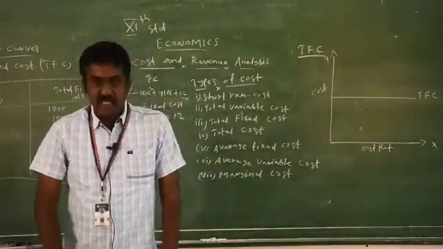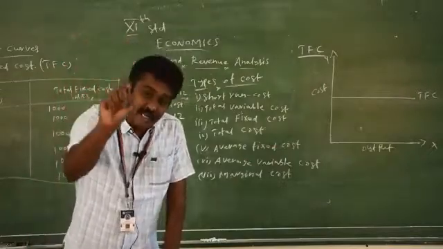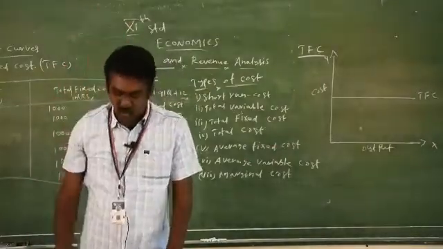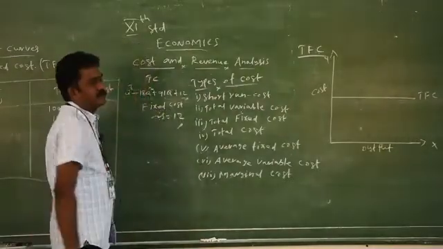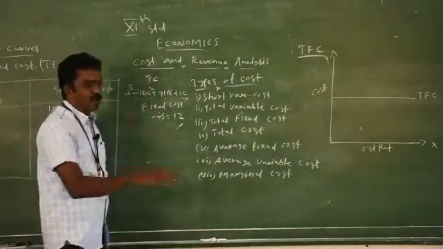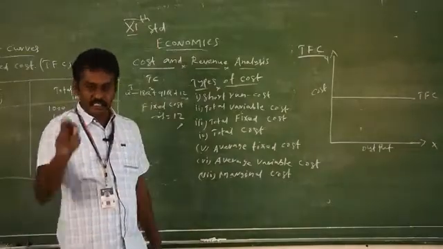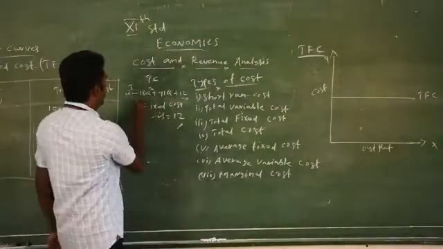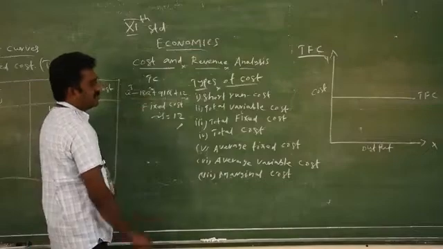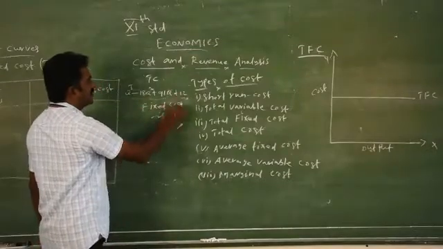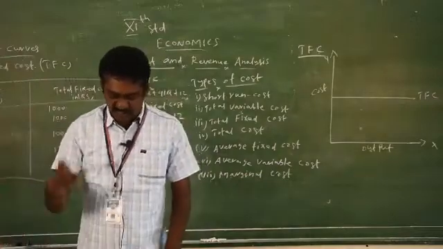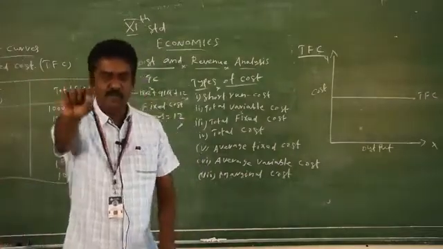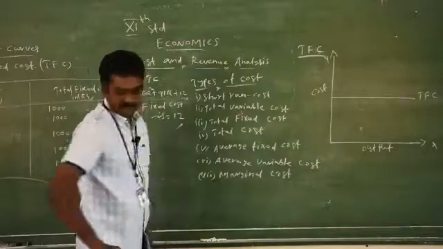That means even if the quantity or output is 0, the total cost will be 12. Okay? When the output is 0, these terms of total variable cost vanish, and the fixed cost of 12 remains.